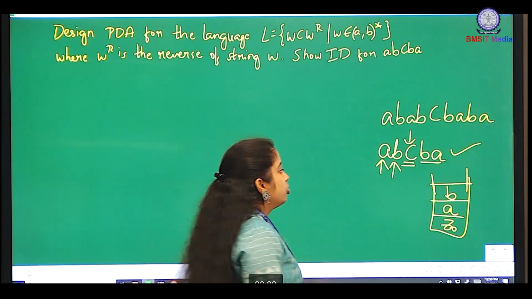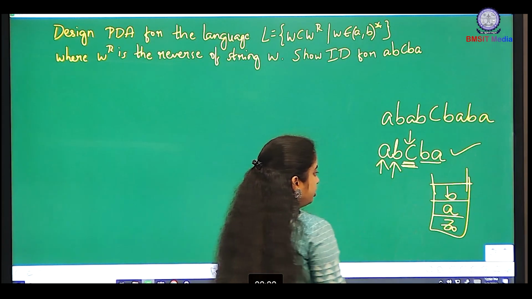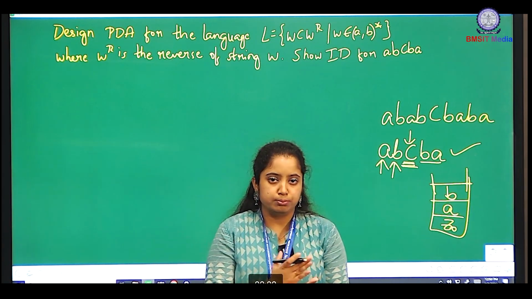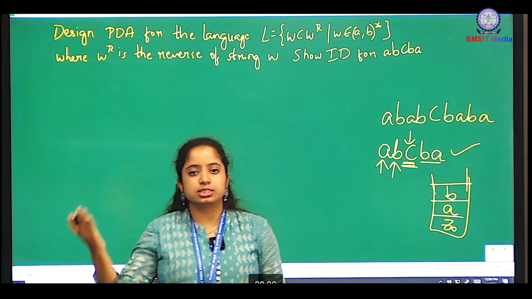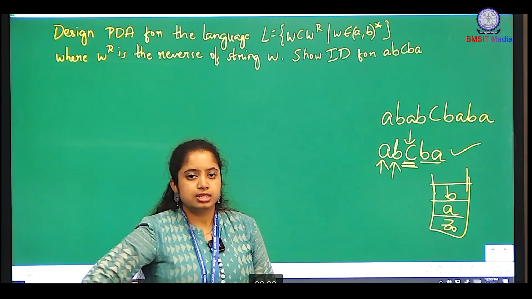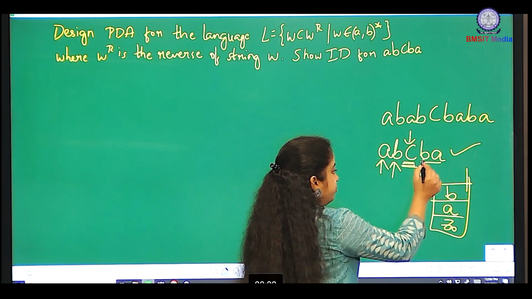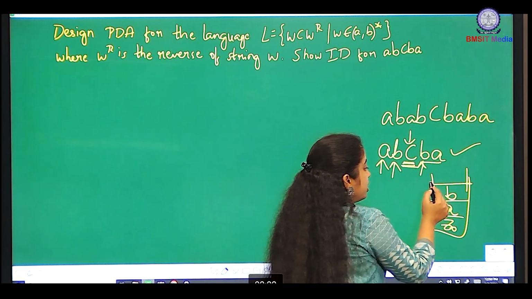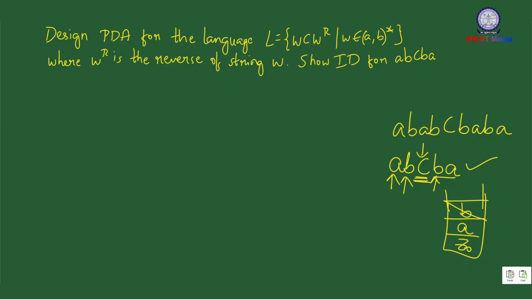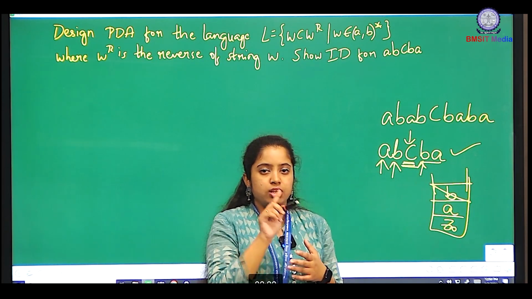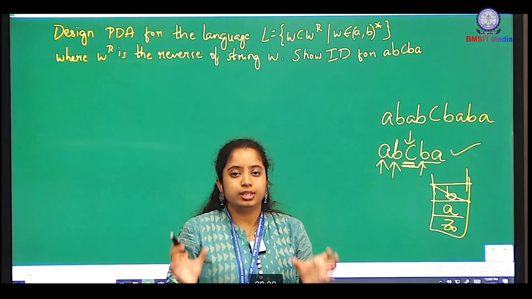Now when you encounter C, you have understood that the string W is completed. Next, whatever you are receiving would be the reverse of this string. So when you read B, you have to pop the same B from the stack, because the string and the reverse of the string should be equal.